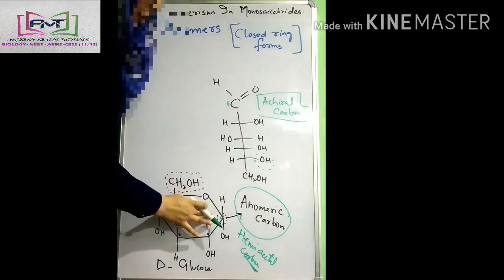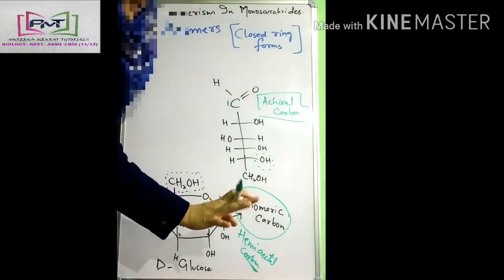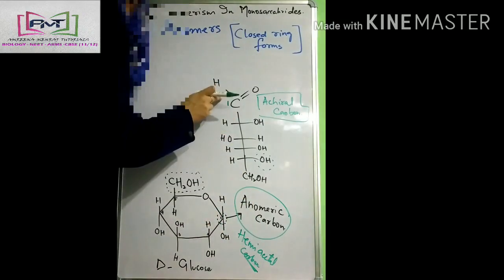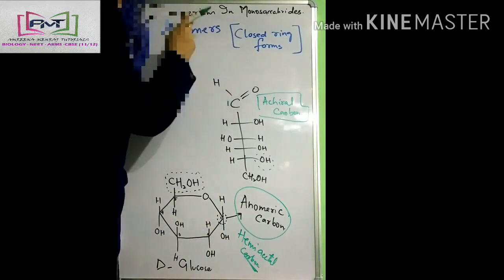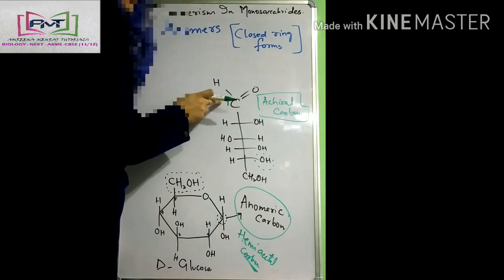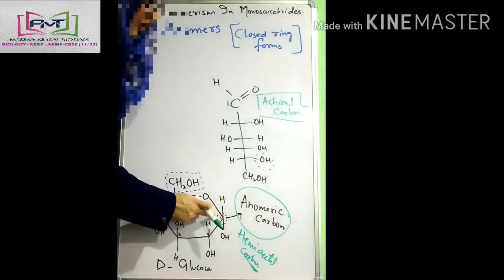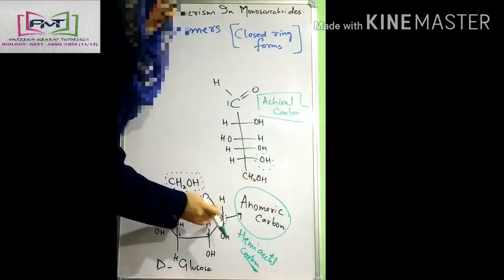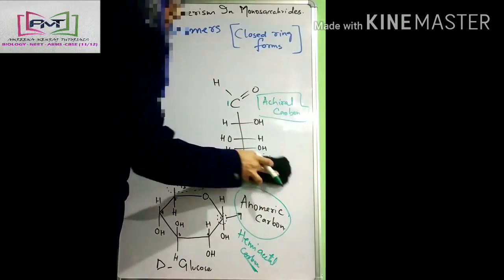So this is your point of attraction now. You got this idea what the anomeric carbon is? It's the carbon number 1 in case of glucose, which was earlier the aldehyde carbon. Now it's the carbon number 1 in case of the ring, which has become a chiral carbon, attached to 4 different groups.